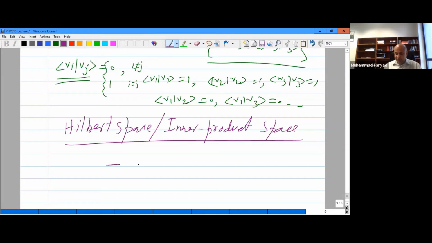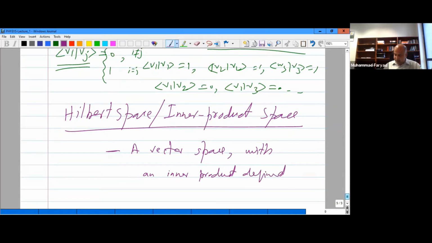It's essentially a vector space with an inner product defined on its elements, and its vectors are all normalized. So this is just a vector space, but it also has an inner product defined on these vectors. This is called a Hilbert space, and we will see that all quantum systems actually live in a Hilbert space, that they're defined by the vectors in a Hilbert space.